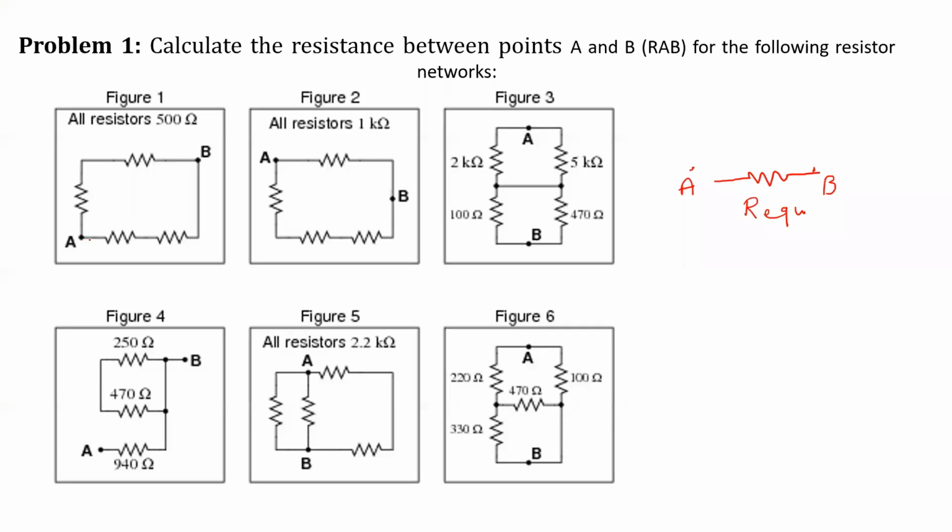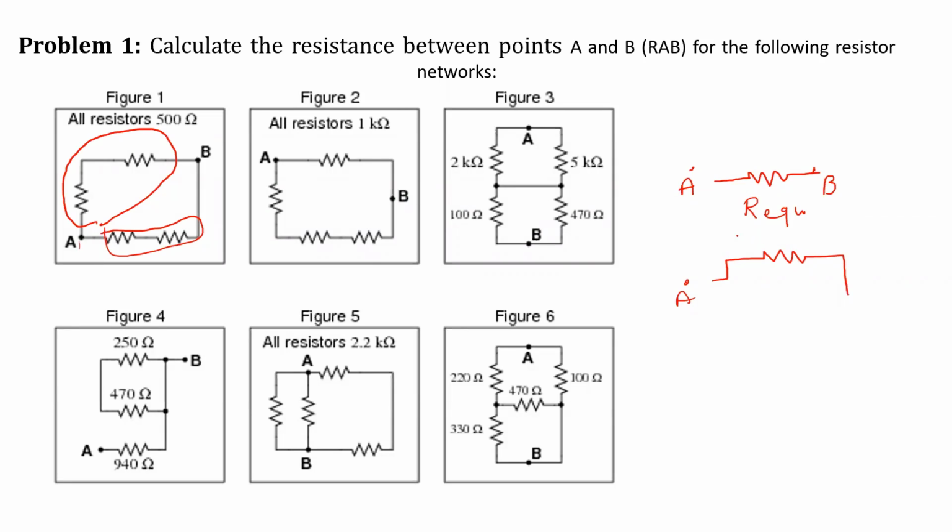You can observe here. Can you say that these 2 resistors, they are connected in series? And these 2 resistors, they are connected in series. Okay. Consider the point A, and I will take the first 2 resistors. Equivalent of those 2 resistors is what?